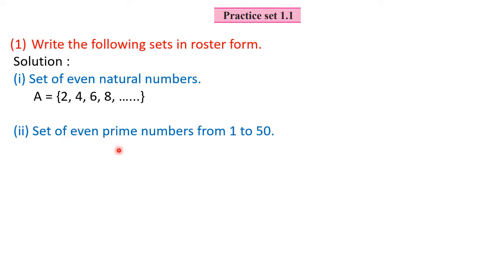Again, you have studied in lower standards, 2 is the only even prime number. We have only one even prime number, that is 2. That means this set is having only one element, 2. So B is equal to, inside the curly bracket, we have to write down that single element 2. Don't get confused. See this word. You don't have to write prime numbers between 1 to 20. You have to write down even prime numbers. So there is only one element.